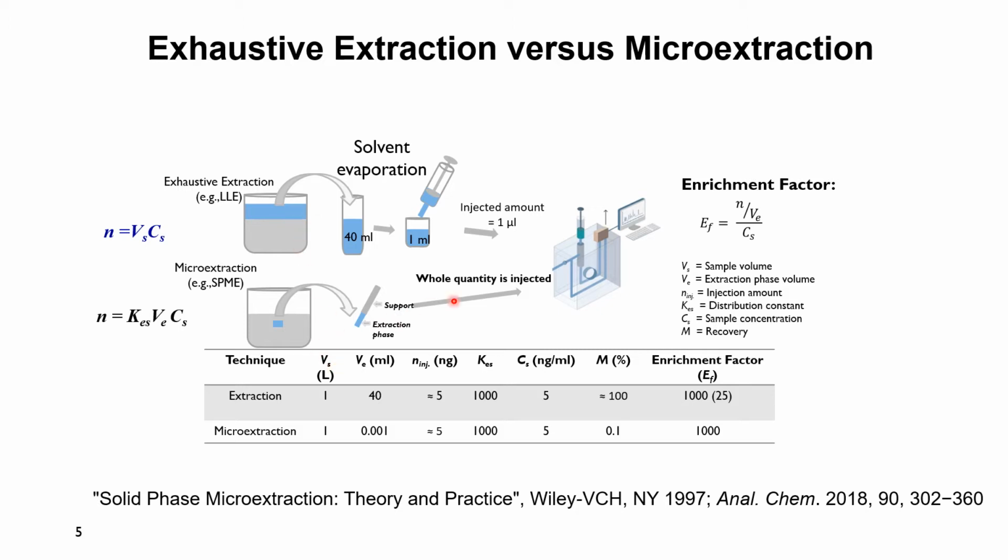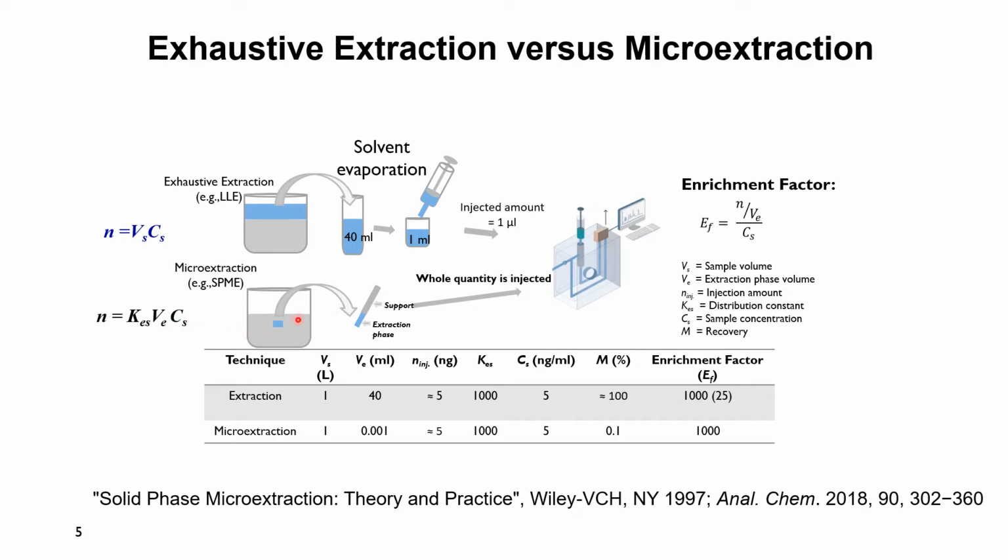In addition, as you can see, it's very easy to couple the sample to the analytical instrument with SPME compared to liquid-liquid extraction, which provides automation and also facilitates on-site analysis because you are independent of the water sample volume. So you can see that there's no volume of water in this equation when you have negligible depletion conditions.